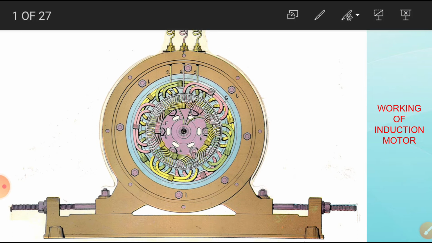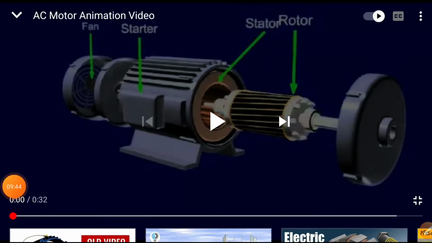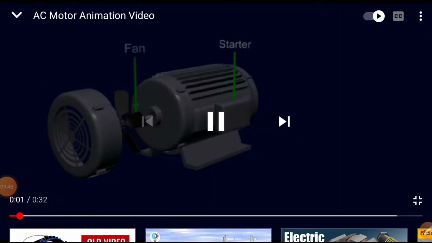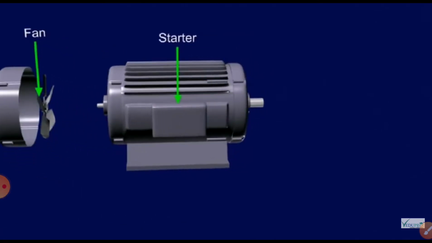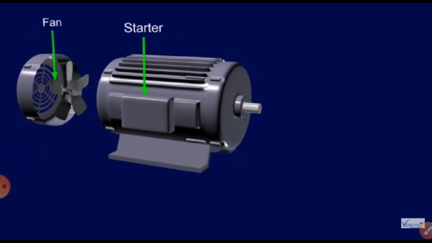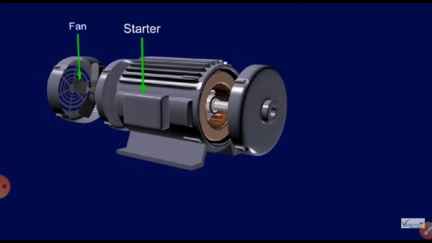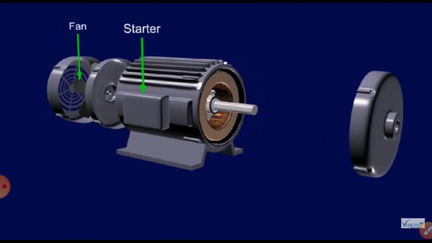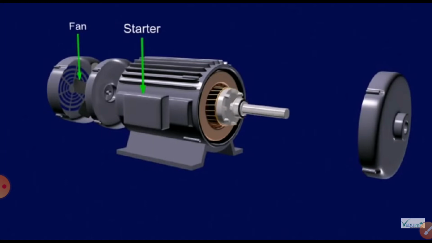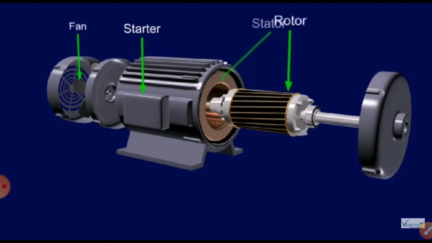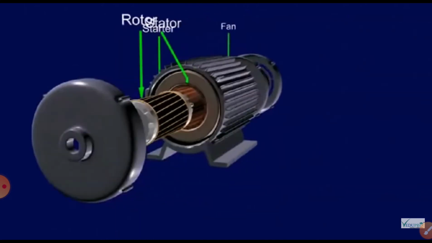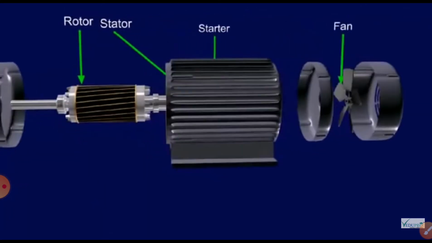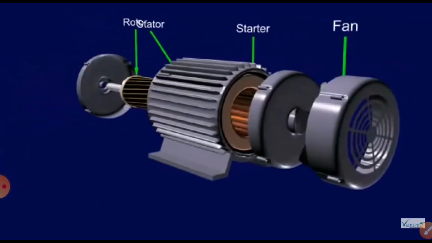Now you can see here, it is one animation. It is the fan, and a starter may be provided here, with the terminal box and end box, the rotor and the stator.